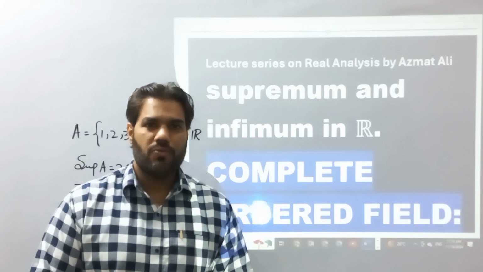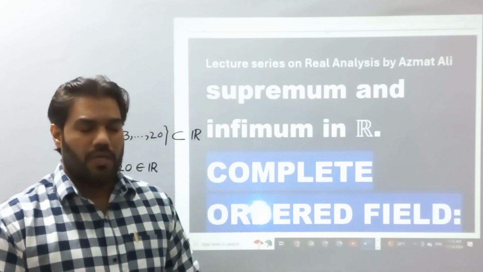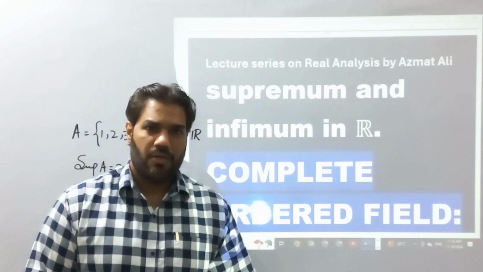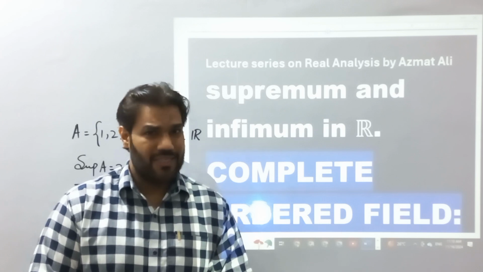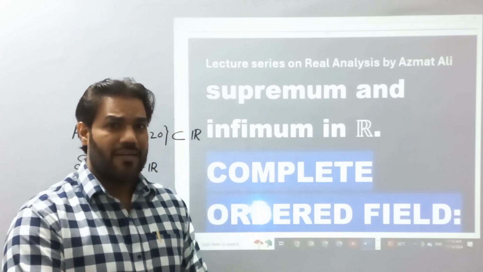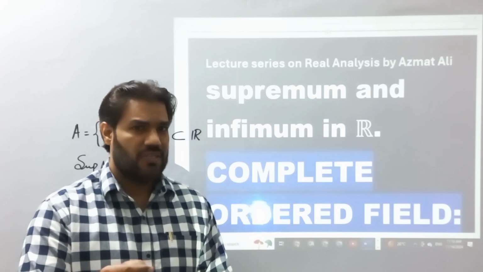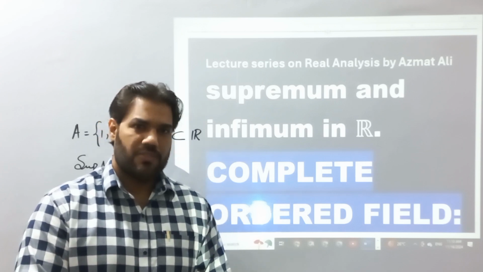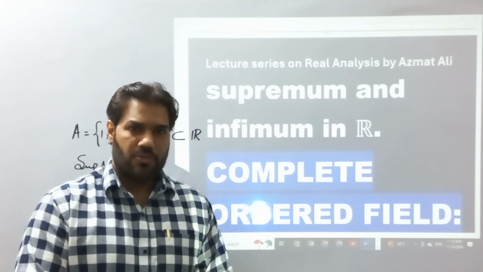So in a numerical question, when we show that a given field is a complete ordered field, it is sufficient to show that it satisfies only the supremum property. There is no need to check the infimum property also.